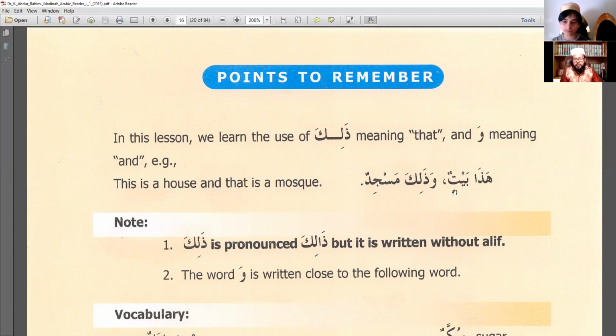So hada baitun means this is a house. Wa means and, dhalika means that, and masjidun means mosque, masjid. Wa dhalika masjidun means and that is a masjid.